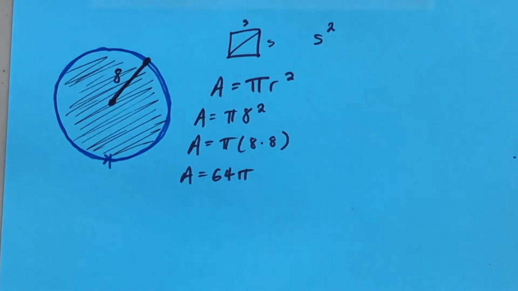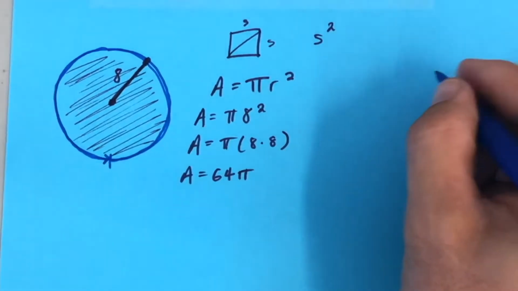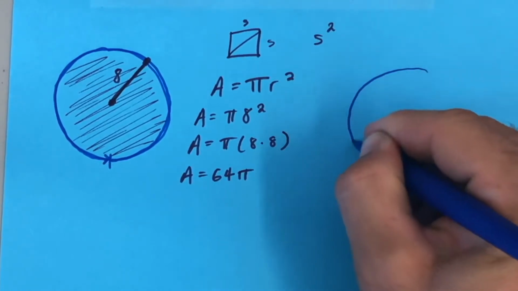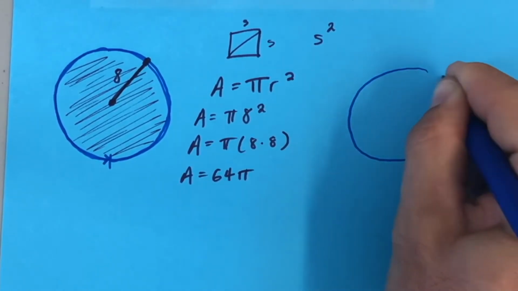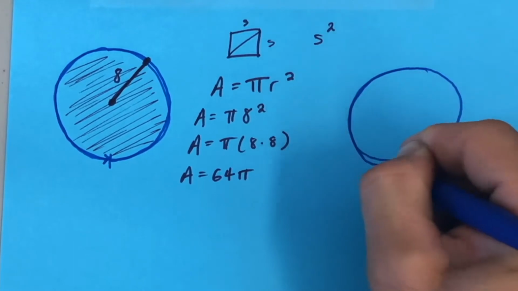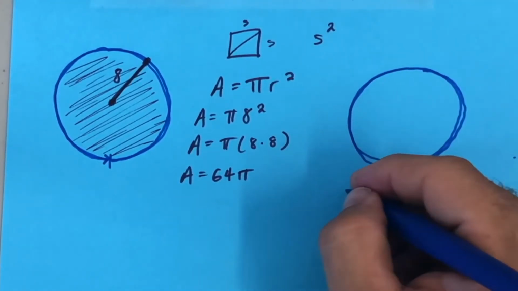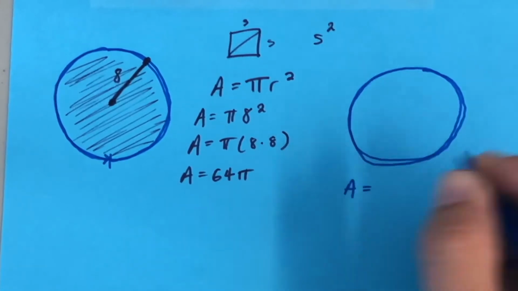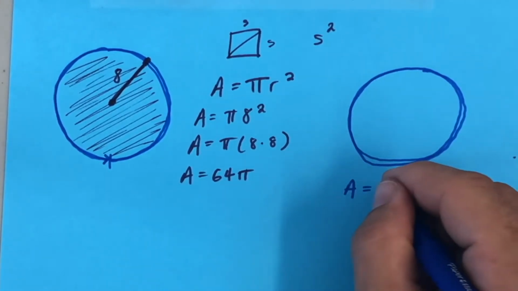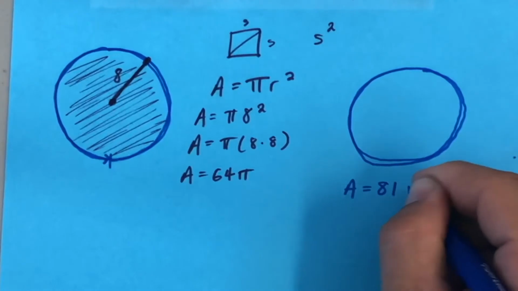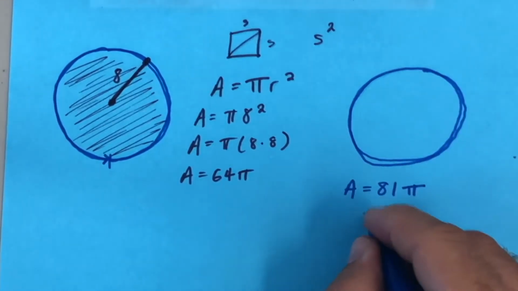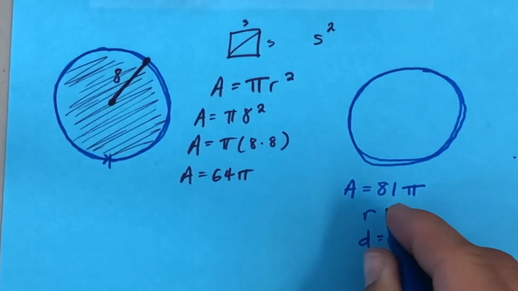Now, a great question I like to finish with, just like we did with the triangles: what happens if we're given an area? You could do the same with circumference. Say my area is 81 pi, and they ask for the radius and the diameter.